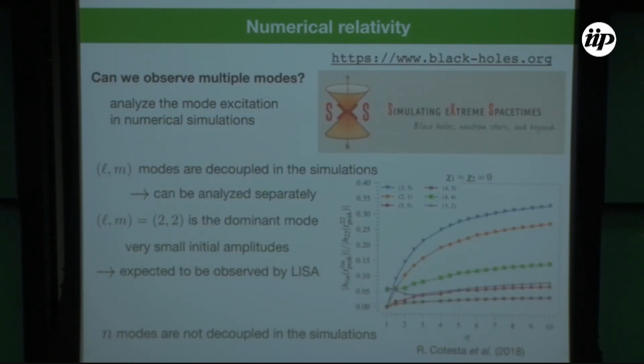So how do we measure these modes of oscillation? I want to know if we can measure these modes of oscillation. To analyze this, we use numerical relativity, because, as I told you, the transient part of the ringdown depends on the initial perturbation we give.